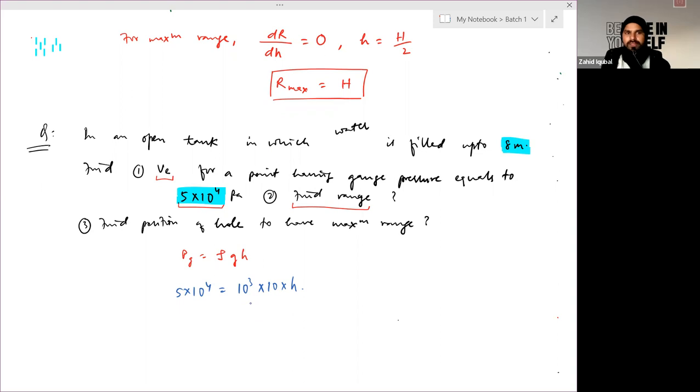Just put this value in the formula of velocity of efflux.